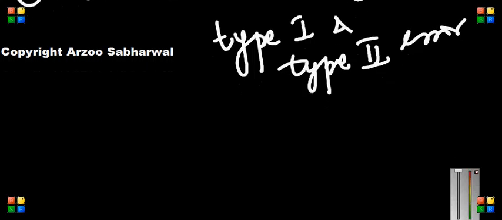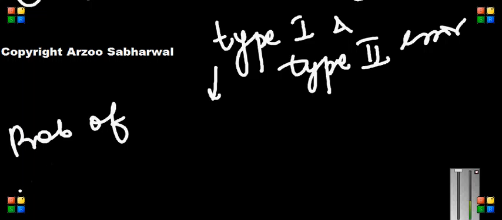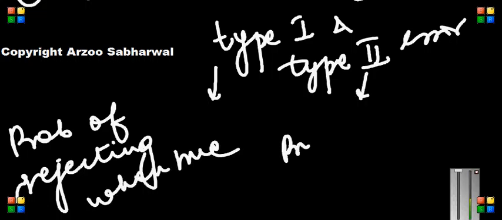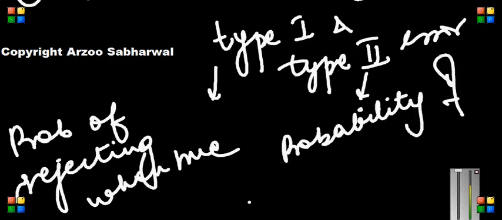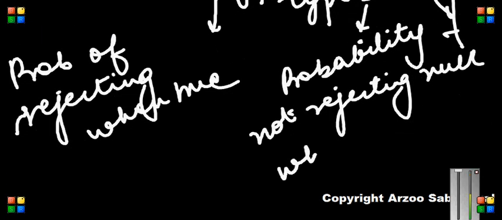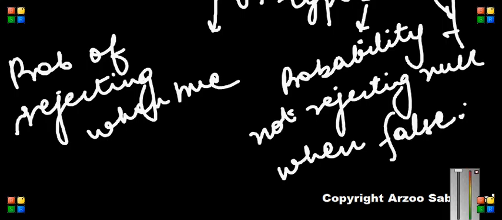So basically type 1 error is the probability of rejecting the null when it is true, and type 2 error is the probability of not rejecting the null when it is actually false. Right, so I have these two types of error.